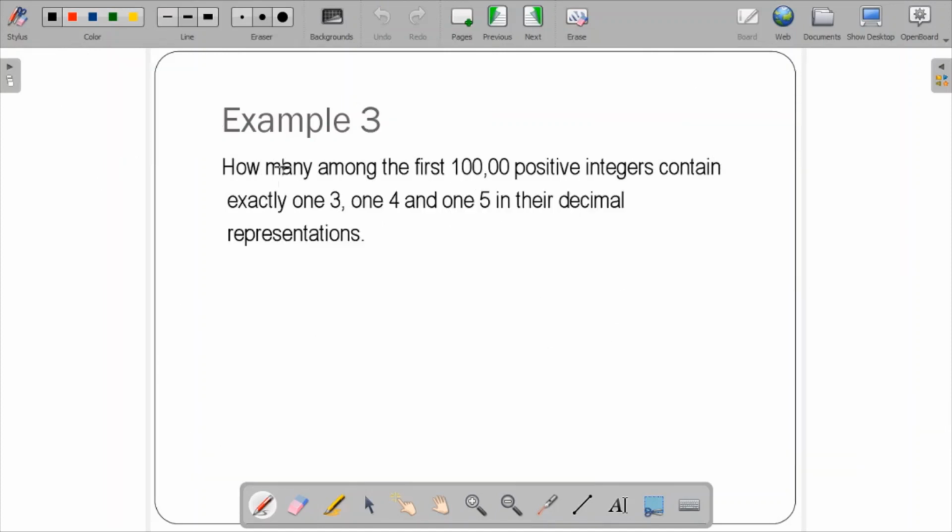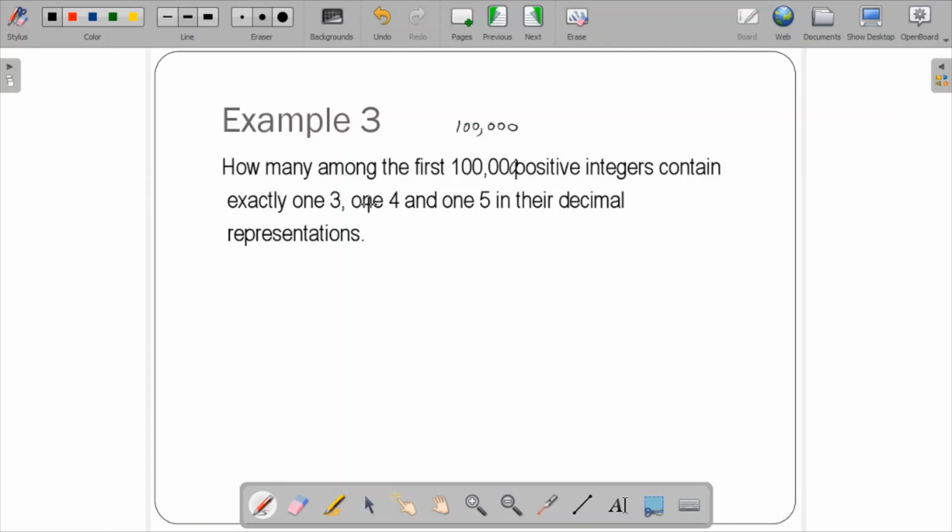In example 3, they ask how many among the first 100,000 positive integers contain exactly 1, 3, 1, 4 and 1, 5 in their decimal representation. Here I missed a zero, it is 100,000. So the question is actually 100,000.